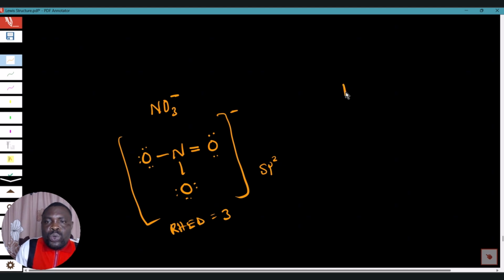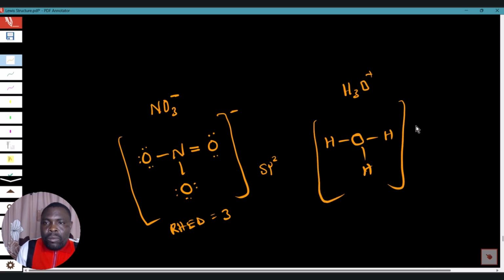Let us look at ozonium ion O3+. The Lewis structure is drawn. So the region of high electron density is 1 plus 3 making 4.